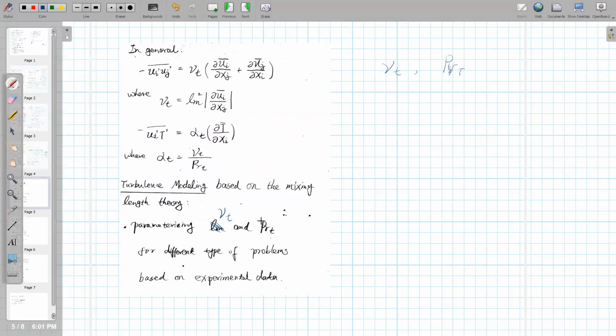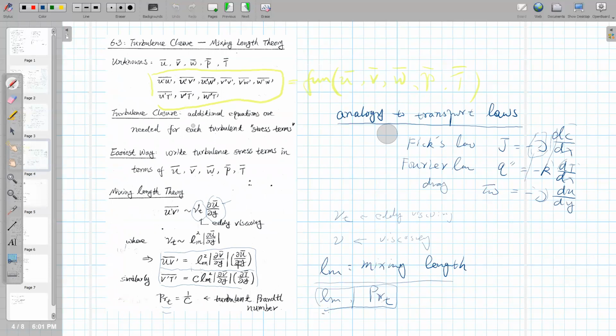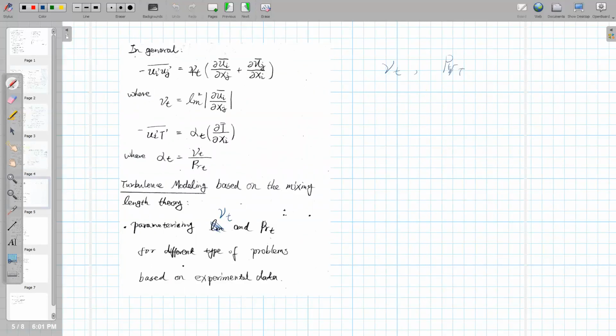And after we find those parameters, in the future, if we want to calculate flow problems similar to that experimental problem, we can just use CFD, using this nu t and the turbulent Prandtl number, and using this mixing length theory to close those unclosed terms. Okay, this is the most simple turbulence model. The mixing length theory.